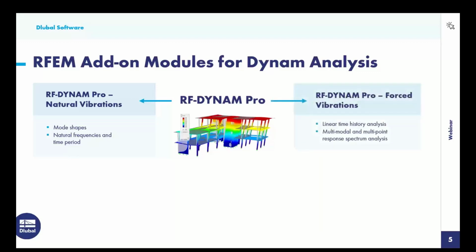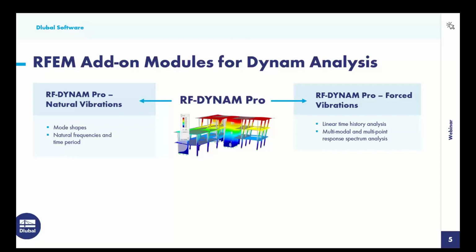Now, the other add-on module is RF-DYNAM Pro Force Vibrations, and this will allow us to do a linear time history analysis. It's also possible to do a multimodal, multi-point response spectrum analysis, and this does include various standards like the NBC, the ASCE 7. But there are a couple of pros and cons.